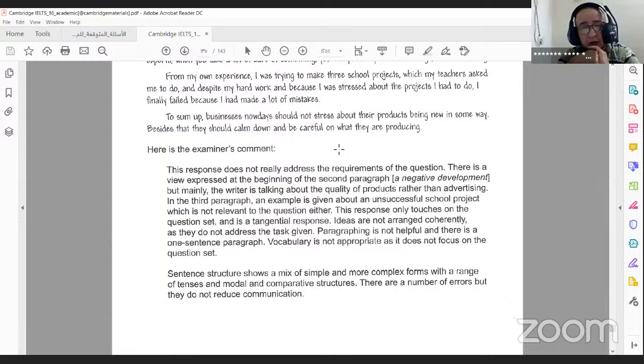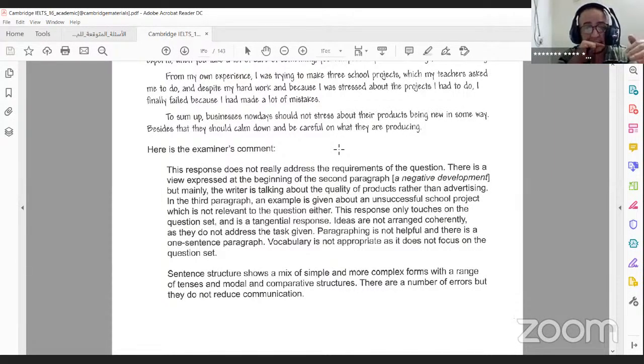This response only touches on the question set and is a tangential response. Ideas are not arranged coherently, that means not linked well, as they do not address the task given.